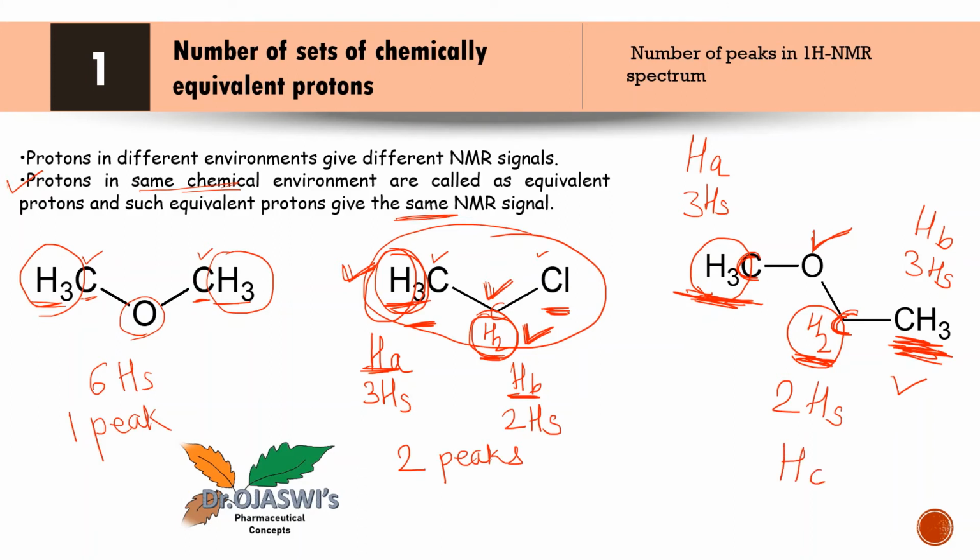This means there are 3 sets of protons in this particular structure: one set, second set and third set. That means 3 peaks will appear in the NMR spectrum of this particular structure. I hope this is clear.